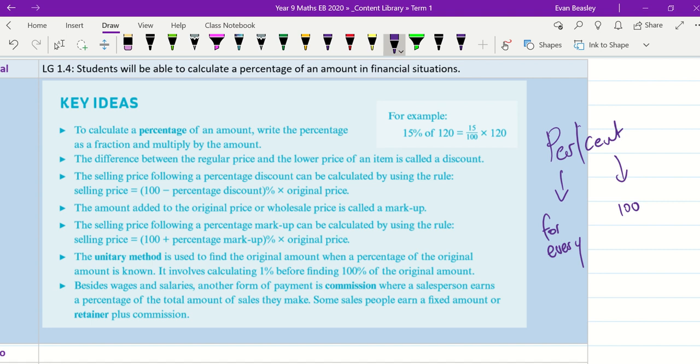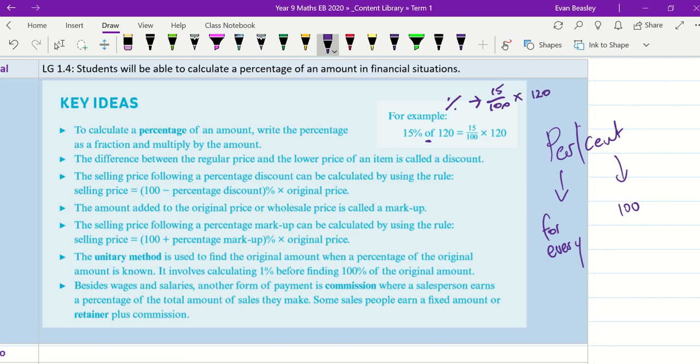So for example, if we say 15% of 120, first of all we need to convert that percentage into a fraction. Now you can see that this symbol here looks a little bit like this. So we can think of the percentage sign as a fraction sign. So then we just write 15 over 100. When you see of, that means multiply by, and then 120.